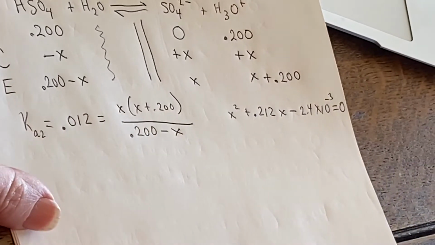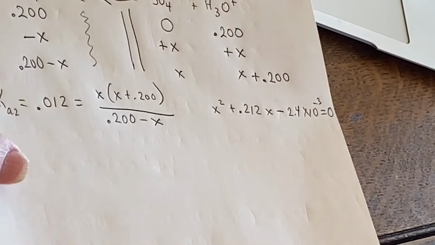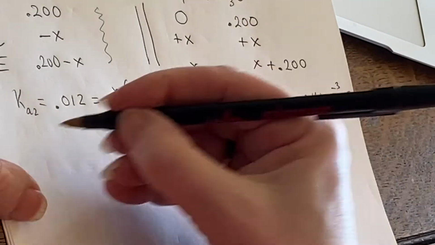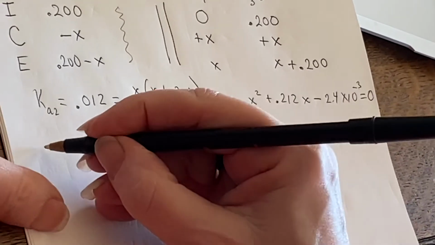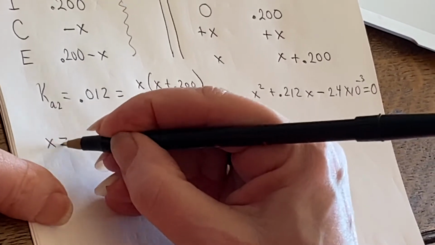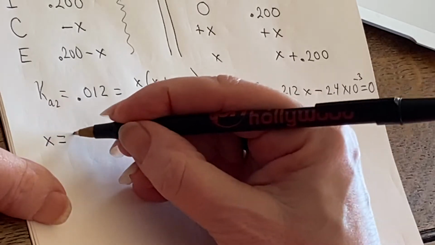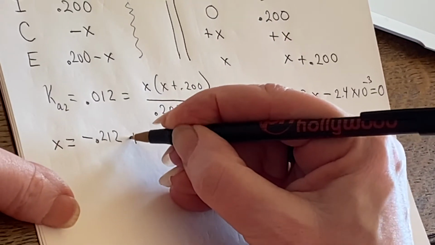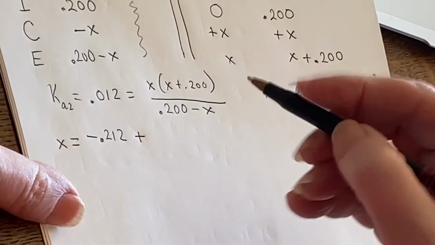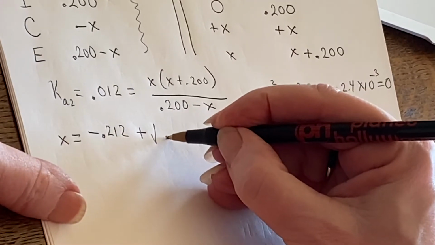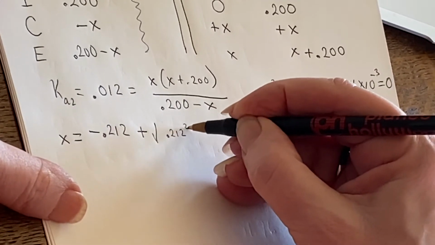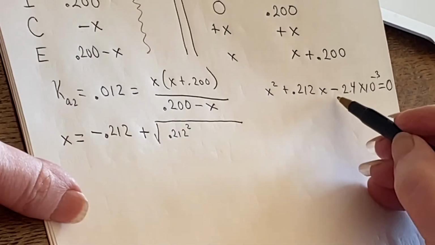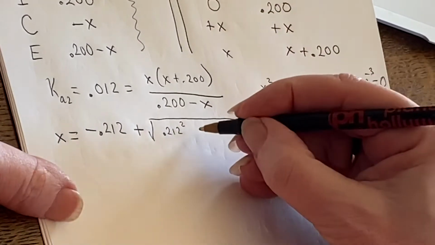There's my quadratic formula. My quadratic formula is going to be X equals minus 0.212. Since that's a minus, I don't have to worry. I can just use the positive square root of the 0.212 squared minus 4AC. Oh, there's another minus, isn't that nice?